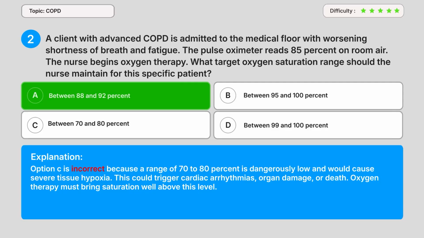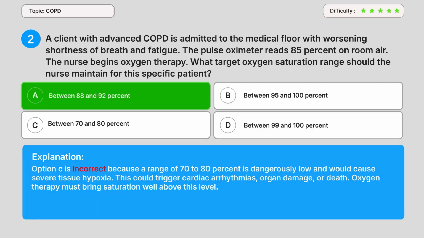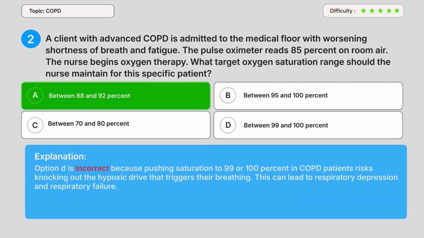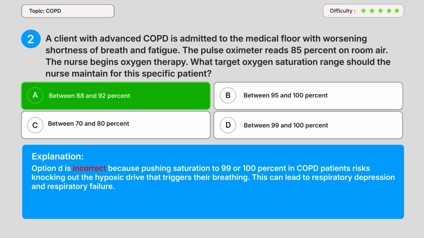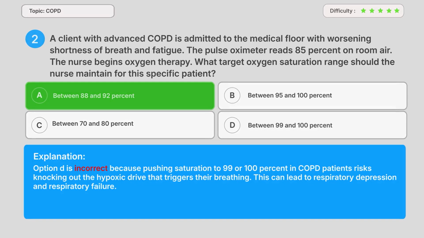This could trigger cardiac arrhythmias, organ damage, or death. Oxygen therapy must bring saturation well above this level. Option D is incorrect because pushing saturation to 99 or 100% in COPD patients risks knocking out the hypoxic drive that triggers their breathing. This can lead to respiratory depression and respiratory failure.